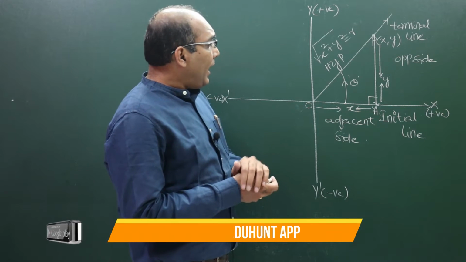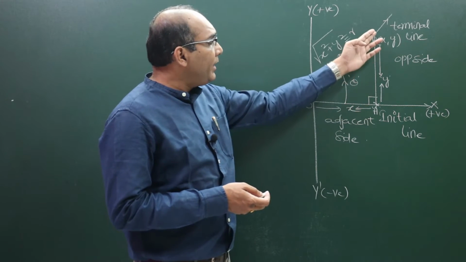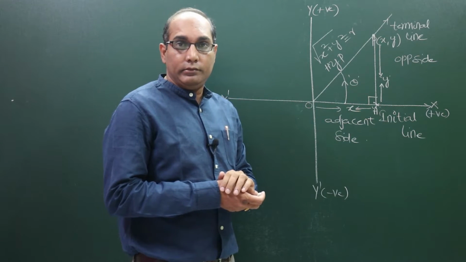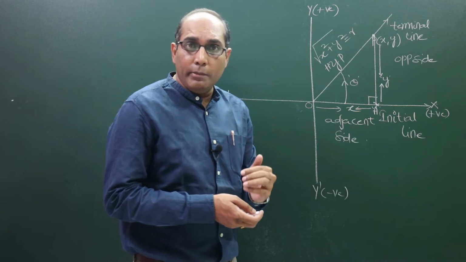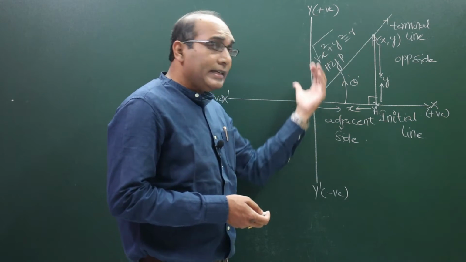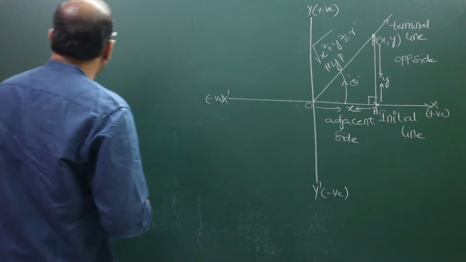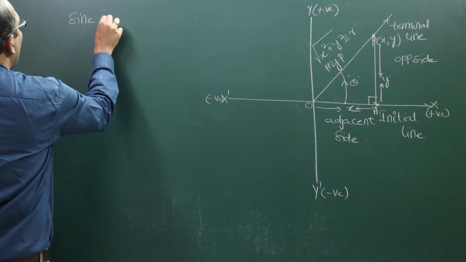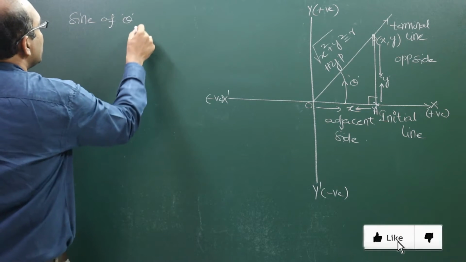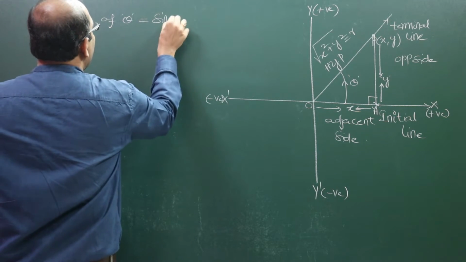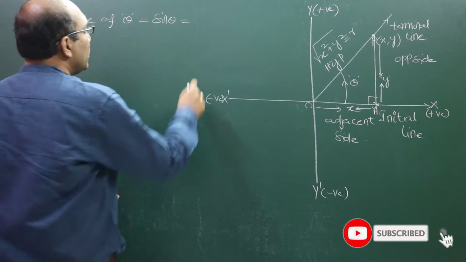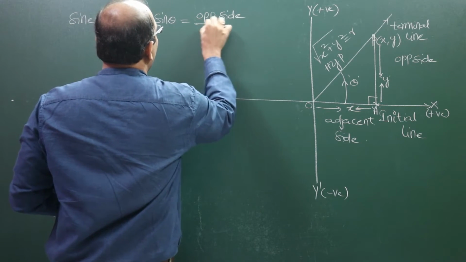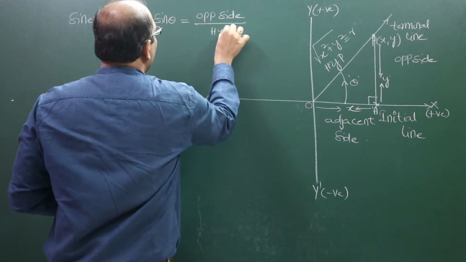Now the angle made by the terminal side with the x-axis is theta. Now I am defining the trigonometric ratios by using this data. That is, the first trigonometric ratio is sine of theta. Simply we write sine theta, that is opposite side by hypotenuse.